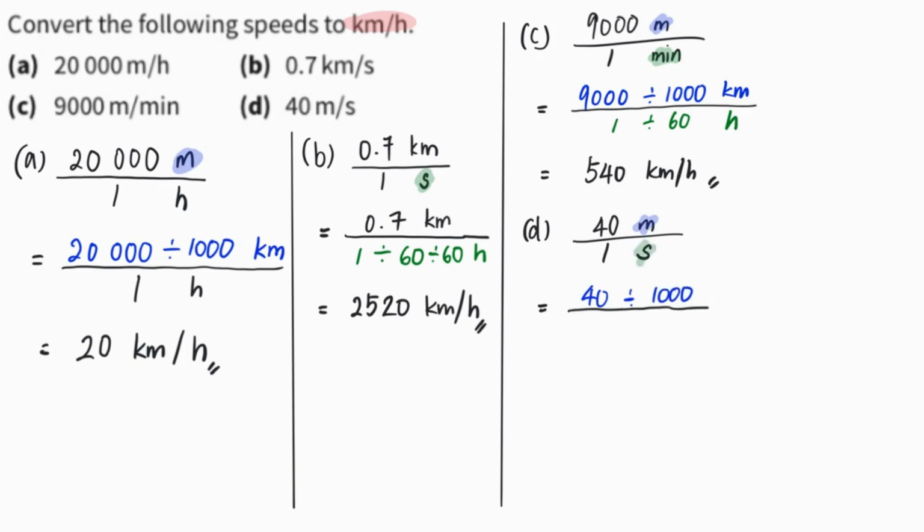For seconds though, it will be 1 second. I need to divide by 60 to convert to minute. And I divide by 60 again to convert to hour. So the final answer would be 144 kilometer per hour.